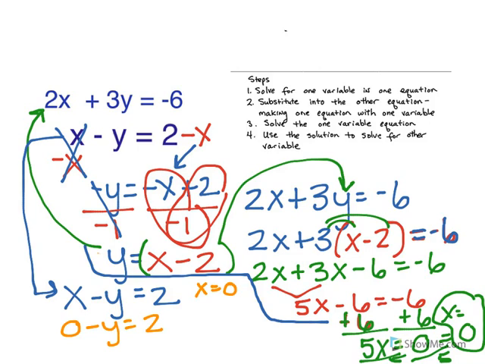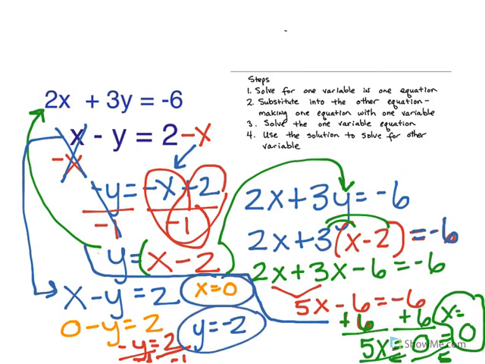So x is just 0, so now I'm going to be left with negative y equals 2, and then I have to divide by negative 1 to get that negative out from underneath y. So then y is going to be equal to negative 2. So x is going to equal 0 and y is going to equal negative 2. So the answer for this system is going to be 0, negative 2.